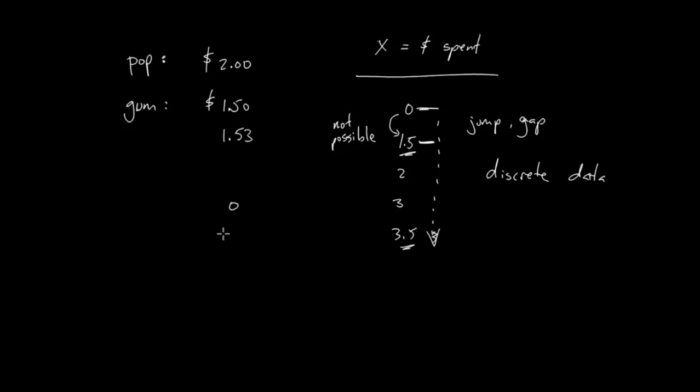It could have gone from 0 as my first possible amount of money to the next possible amount being 1.53, and so on. So decimals alone do not tell you whether or not you have discrete or continuous data. Instead, you have to understand that there either are jumps and gaps between the data, or there's no jumps and gaps between the data.